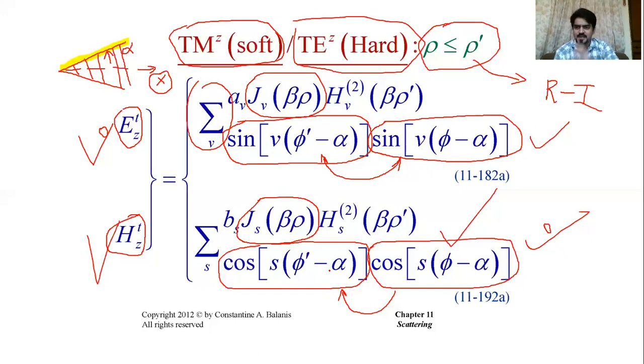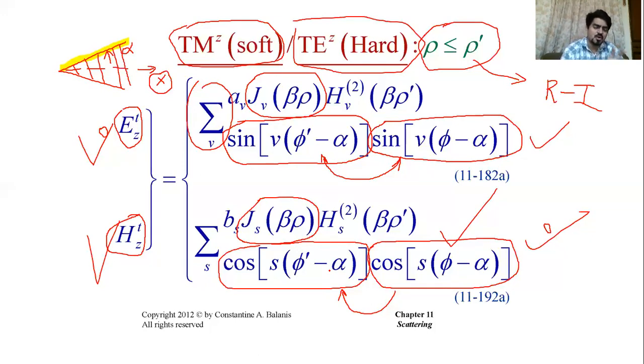On the other hand, if your E field is perpendicular to the edge of your wedge, in that case the diffracted fields are much stronger compared to the other polarization, and that's why this polarization, when your E field is perpendicular to the edge of your wedge, is called hard polarization.